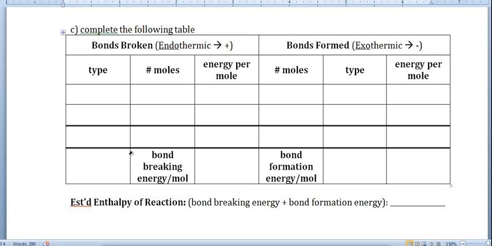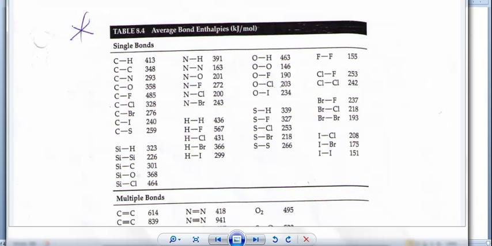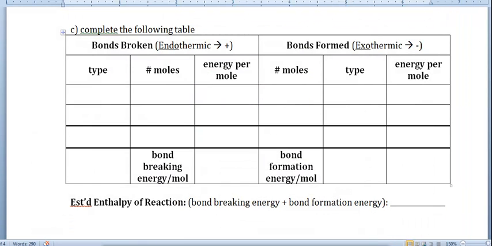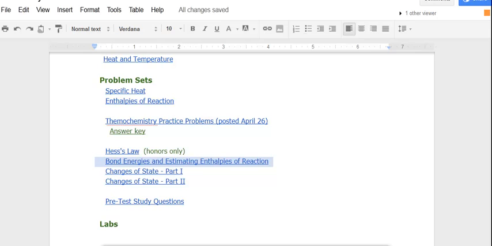By using a table like this, a table of bond energies or bond enthalpies, we can take most reactions and come up with a very good estimate as to how much heat is going to be released or absorbed during the process of the reaction.